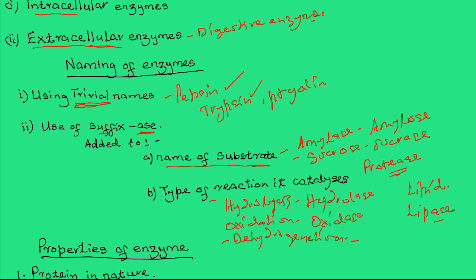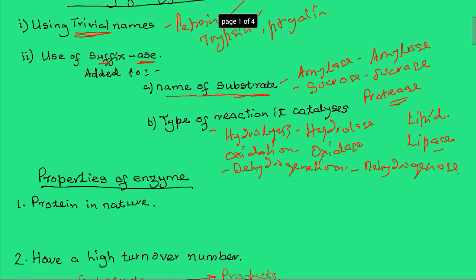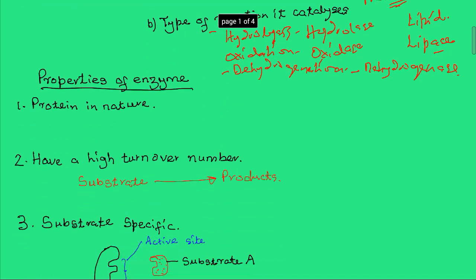Now such enzymes will be known as dehydrogenase, such that you find that there are many enzymes that are named according to the reactions they catalyze. Then there are those enzymes that are also named according to the substrate that they act upon. So the use of ase is a modern way of naming the enzymes.